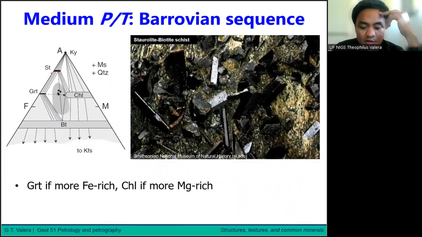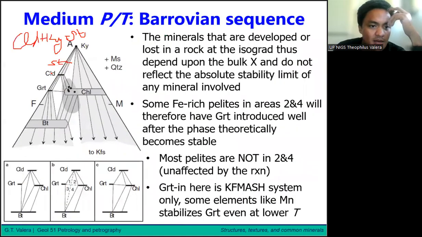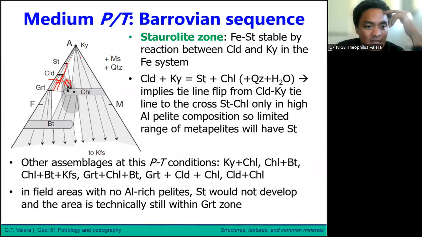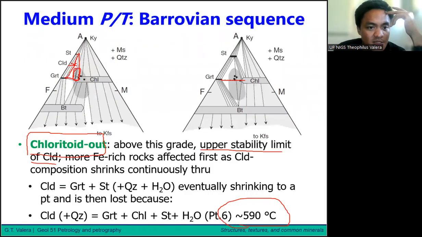And as you noticed, although staurolite has been theoretically stable since this grade, stable na siya dito, even higher temperature, pero never nagkasama yung staurolite and biotite kasi lagi silang divided by the garnet-chlorite tie lines. This is the first grade na makikita yung staurolite and biotite together.